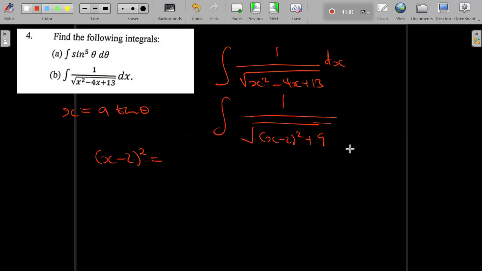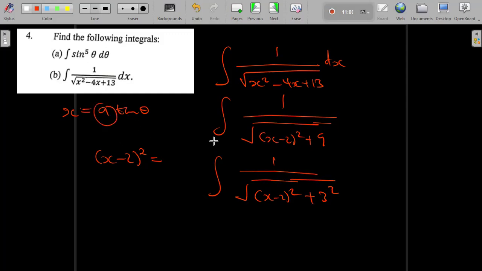But now look at this case. I can write this as the integral of 1 over root of x minus 2 squared plus 3 to the power 2. Writing that here, the a is actually 3. So x minus 2 is going to be equal to 3 tan theta.